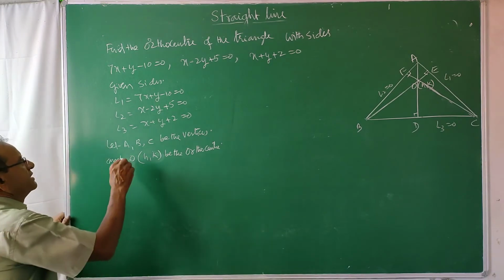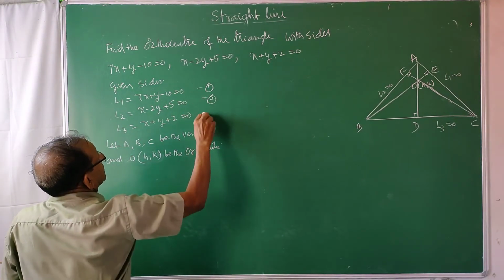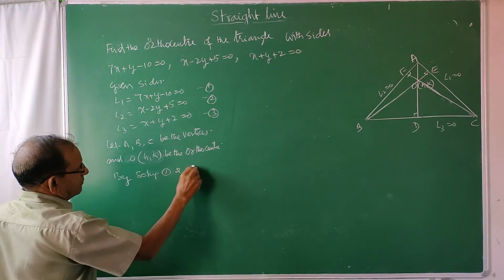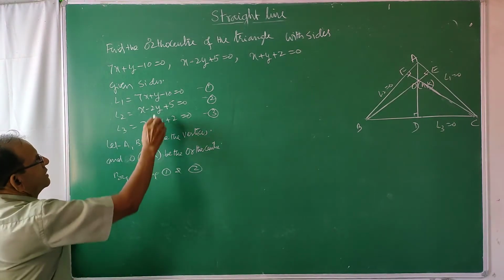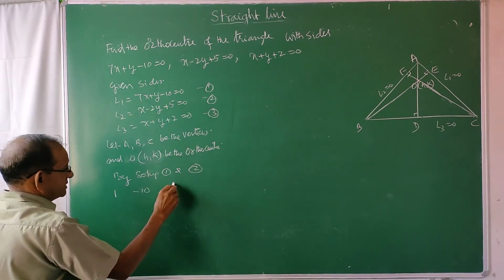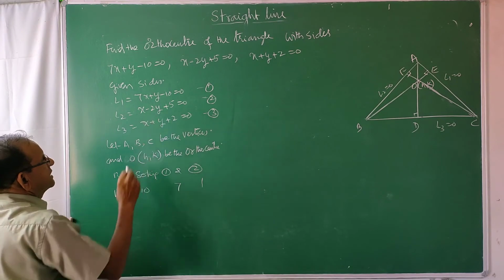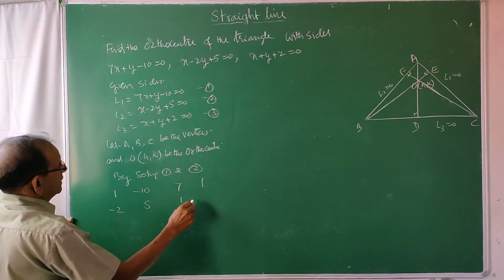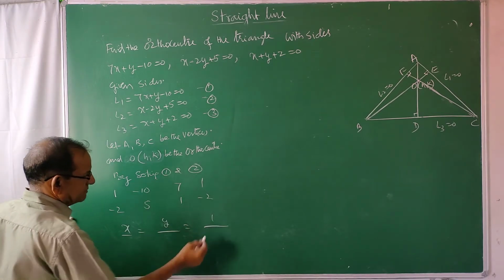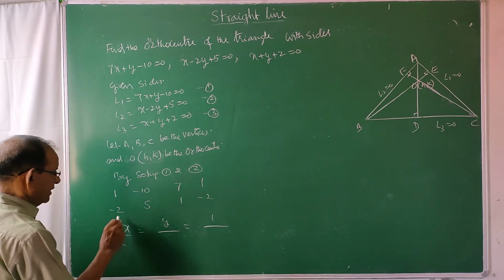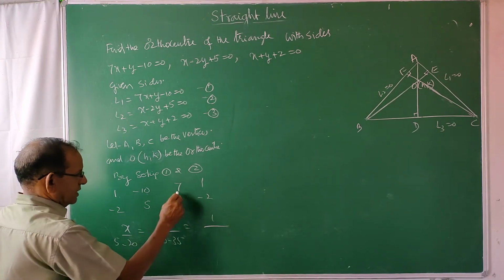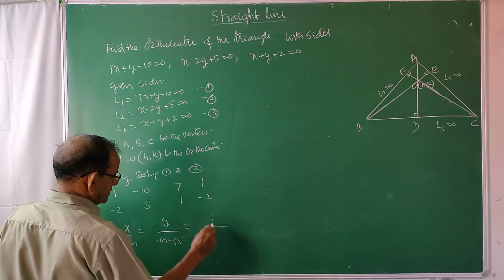So by solving 1 and 2, use the cross multiplication method. Coefficient of y is 1, constant minus 10, x coefficient 7, and again repeat 1. From the second line, minus 2, 5, 1 and minus 2. So x by y by 1 by 5 minus 20, minus 10 minus 35, and minus 14 minus 1.